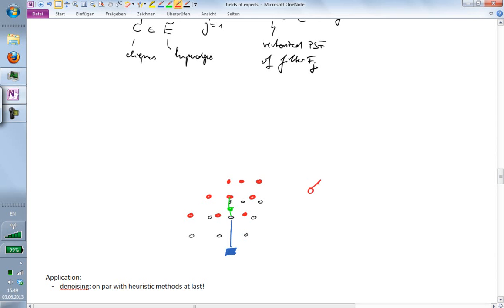Again, O are my set of observations here on a tiny grid, and black were my hidden states.